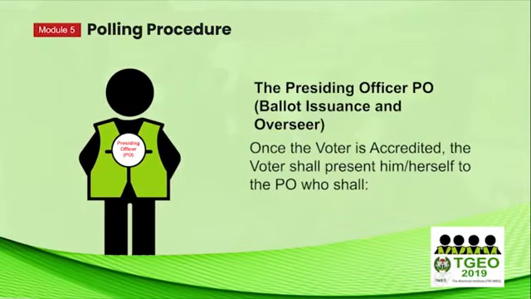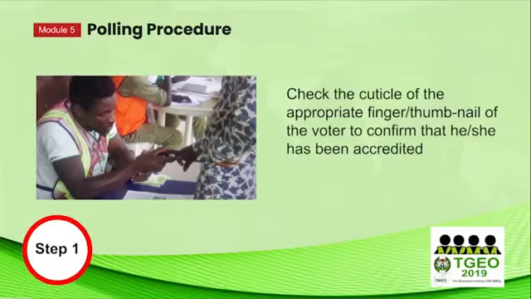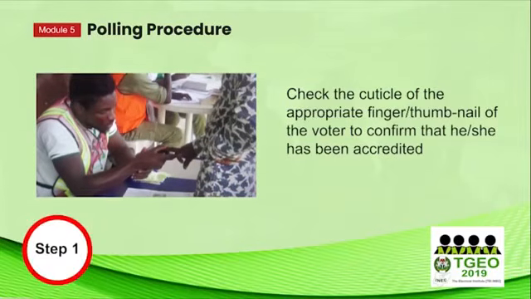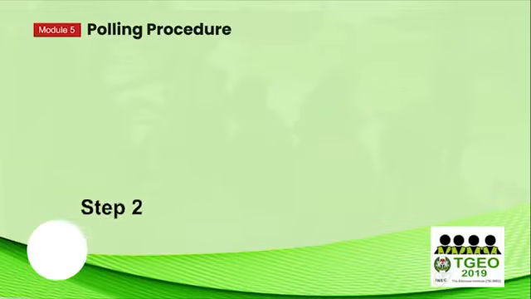The presiding officer, PO, ballot issuance and overseer. Once the voter is accredited, the voter shall present him or herself to the PO, who shall: Step 1. Check the cuticle of the appropriate finger or thumbnail of the voter to confirm that he or she has been accredited. Step 2.